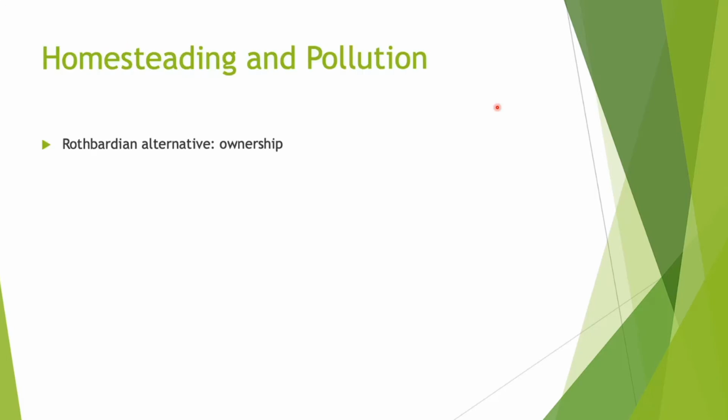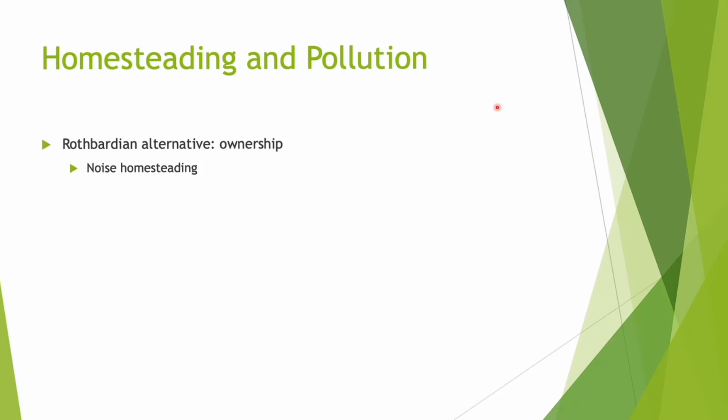So what's the Rothbardian alternative? The Rothbardian alternative is ownership, which is strictly maintained. You have homesteading as a basis for that ownership.